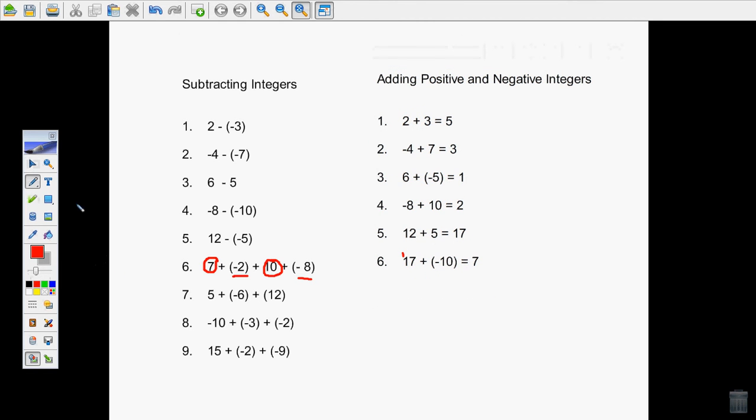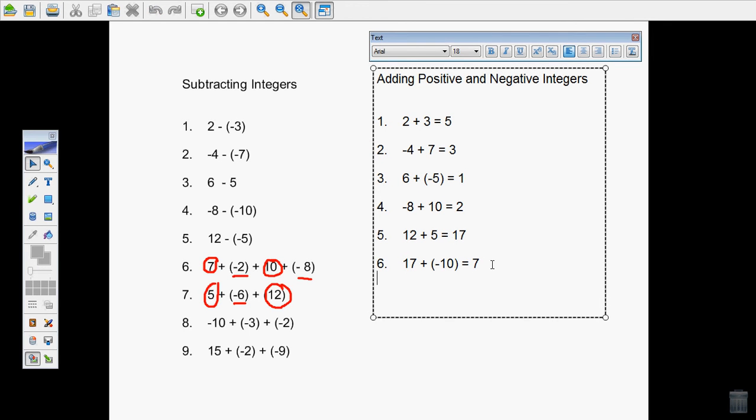Back over here to number 7, we've got a positive 5 and a positive 12. You're going to add those two together, and then add a negative 6. Number 7 should be positive 12 plus a negative 6, which is equal to a positive 6.